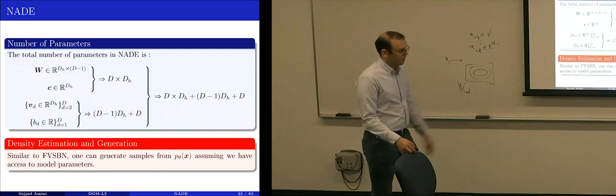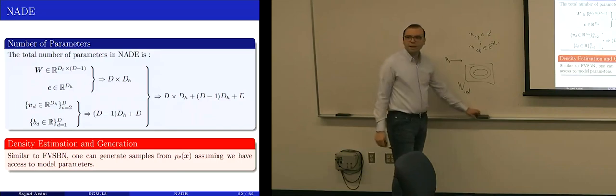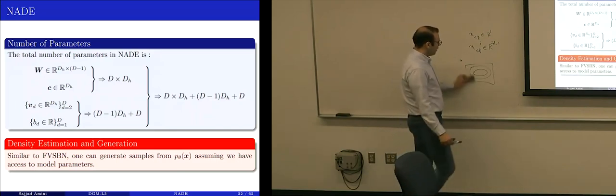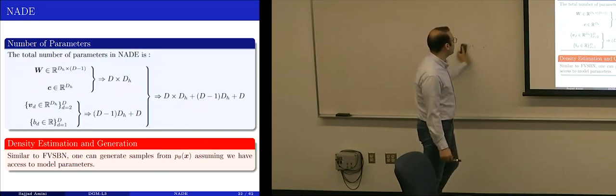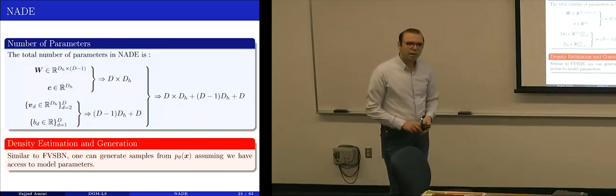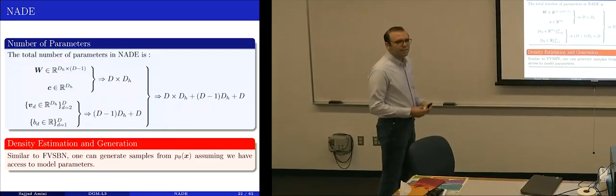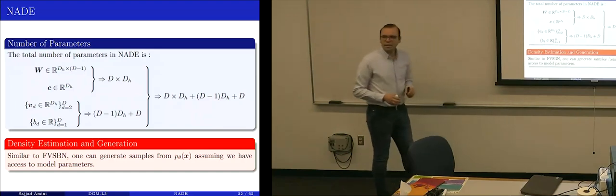And the generation. Can you think of generation using NADE? I do not have any figure about the generation because it is completely similar to generation using a fully visible sigmoid belief network. Do you have any idea about how I can generate if I have access to this NADE model?